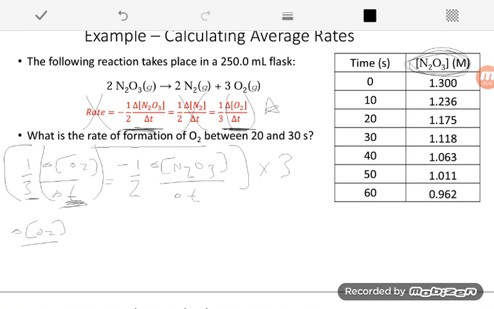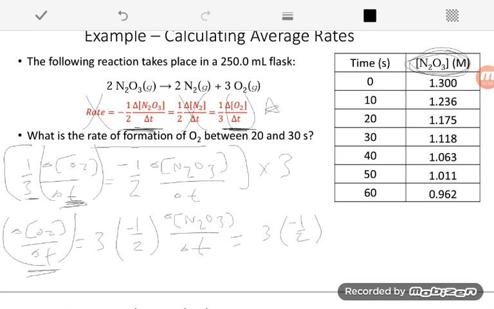So I get delta O2 over delta T is equal to 3 times negative 1/2 delta N2O3 over delta T. So I want to solve for the change in oxygen over time, so now I just need to plug in some numbers. So I have 3 times negative 1/2.